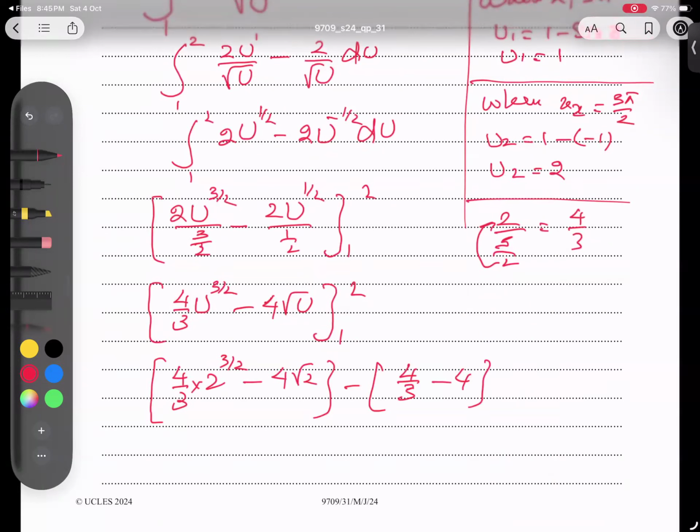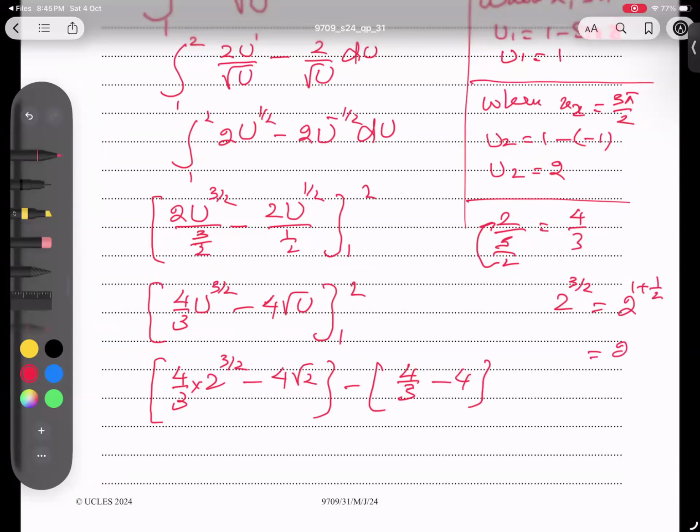Now, 4 over 3 into 2 to the power 3 over 2. But wait a minute, it will give a decimal answer. If you type it in the calculator directly, it will give you a decimal answer. But look at the way I do it here, because we must know the manual way. Okay, 3 by 2 is basically 1 plus half.